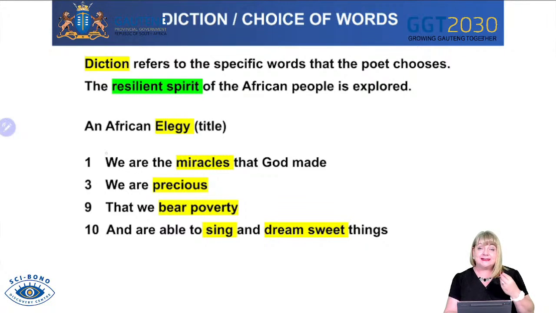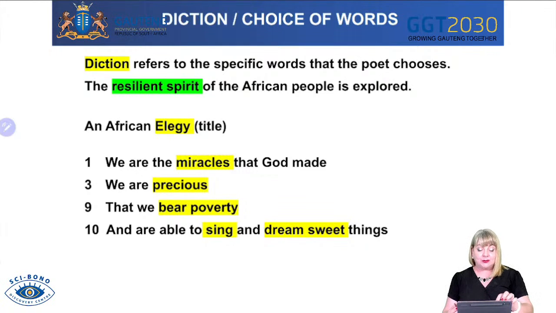So you can say a word like miracle. A miracle is something very rare and quite amazing that happens unexpectedly, and it brings only positive connotations. So the people themselves are these miracles because they overcome no matter what difficulty might be in their way, or no matter how difficult it might be to live in Africa.